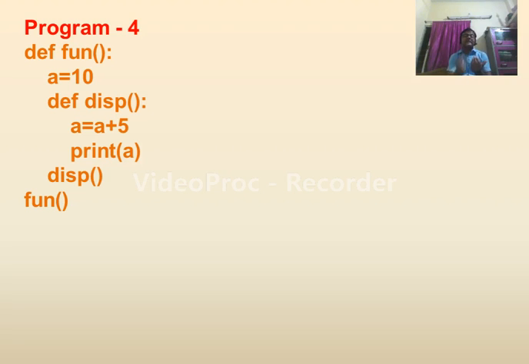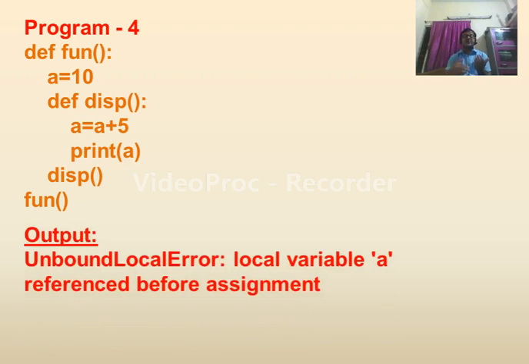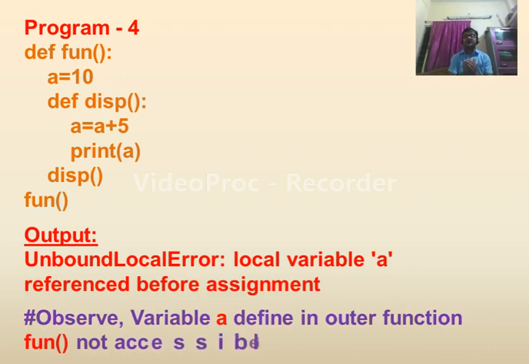Because a in the inner function is treated as local according to the code, while a declared outside disp is not accessible inside disp due to the calculation. So what will it display as output? Once again an error, UnboundLocalError: local variable a referenced before assignment. So what we observe is that variable a defined in outer function fun is not accessible in inner function disp.